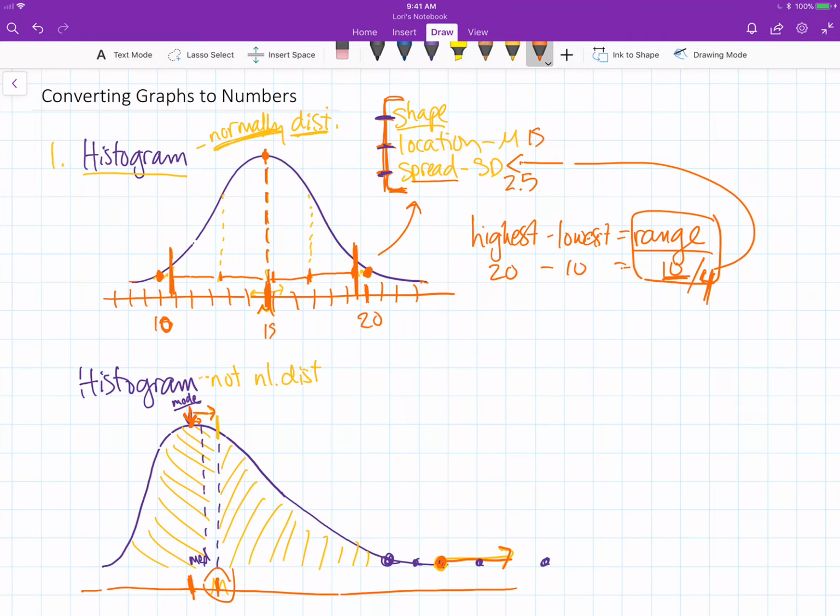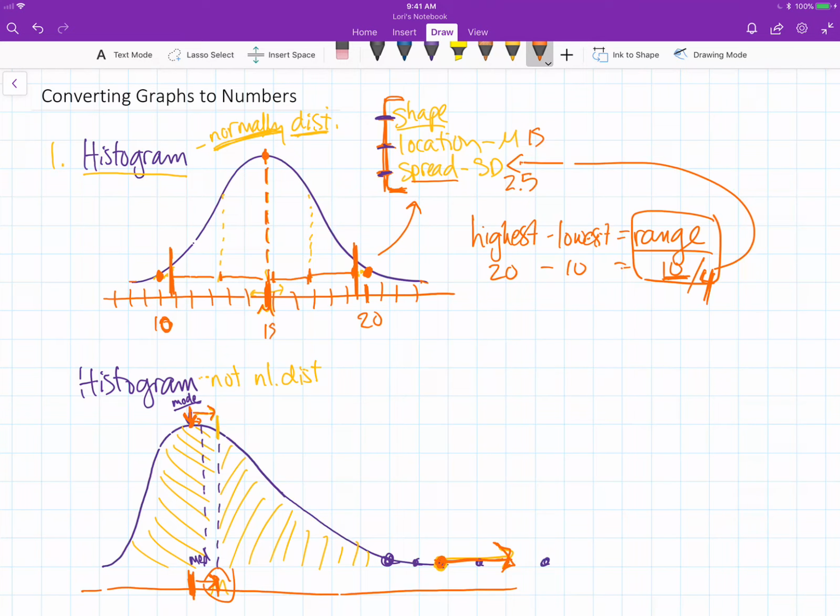It depends how skewed it is and how many outliers and how severe they are, but it's always going to be moving in the direction of the skew. So if your skew is to the right, the mean will move to the right. If the skew is to the left, the mean will move to the left.